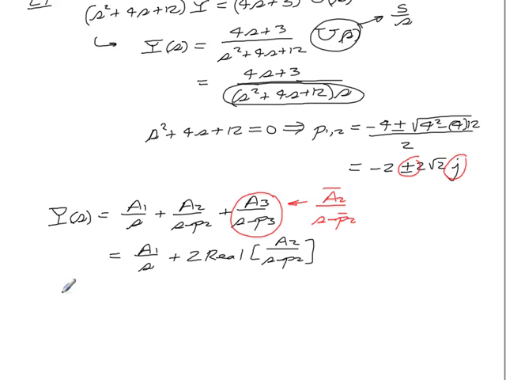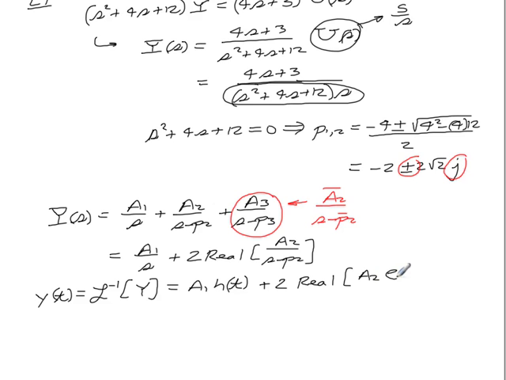So we're in a position now where we can say that y of t, the inverse Laplace of y, is a1 h of t, the step function, plus 2 times the real part of the inverse Laplace transform of a2 over s minus p2.